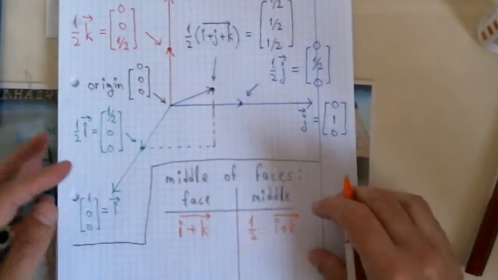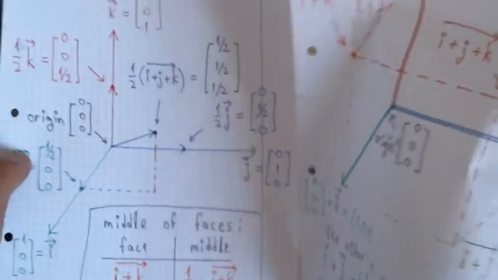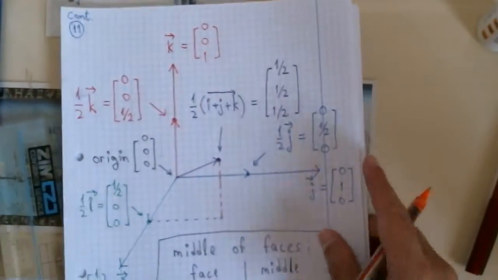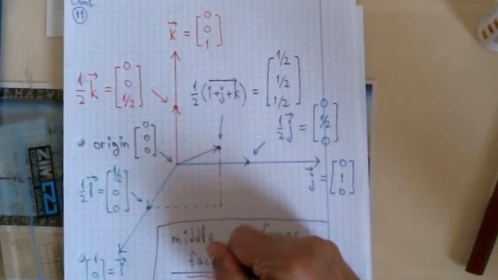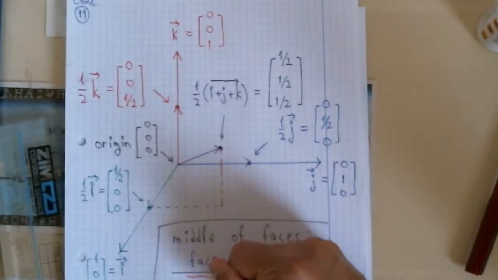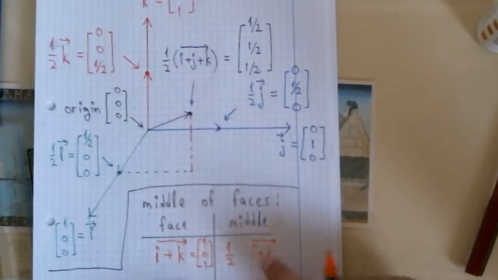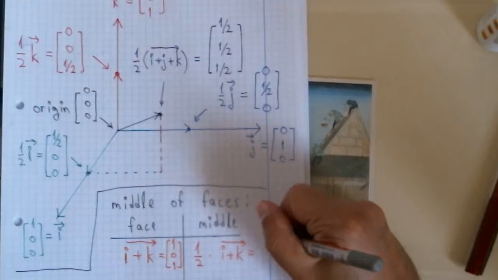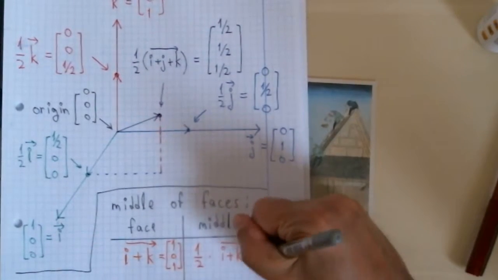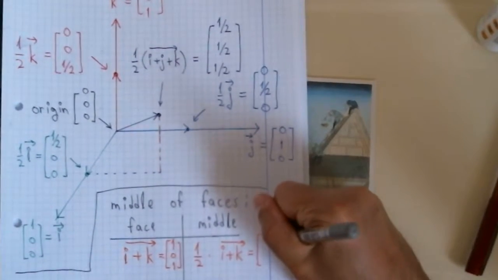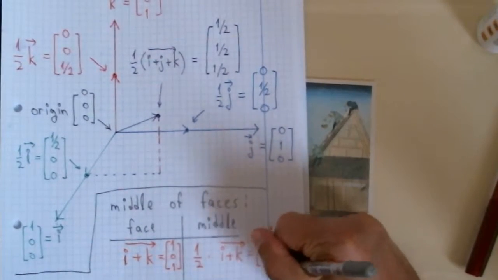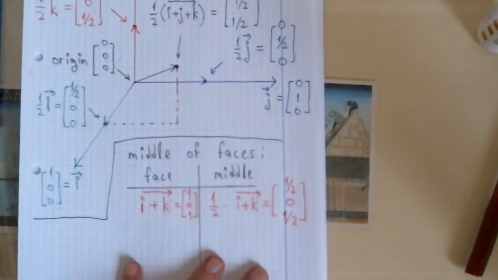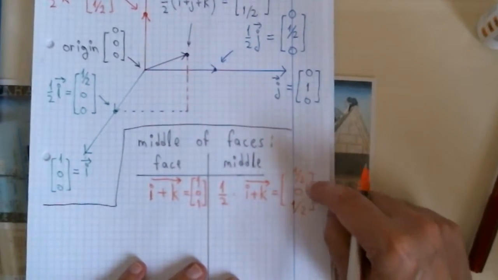Because i plus k equals 1, 0, 1. So half of it would be half of 1, 0, and 1. It would be half, 0, and half.